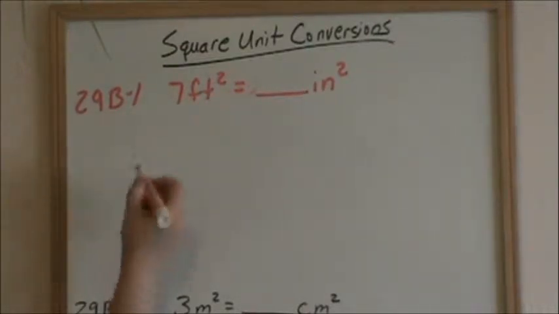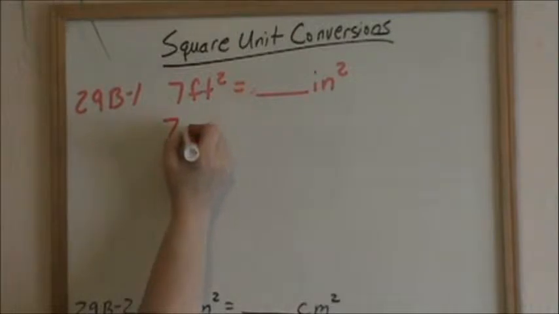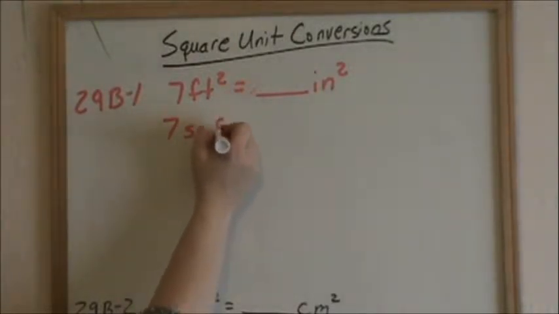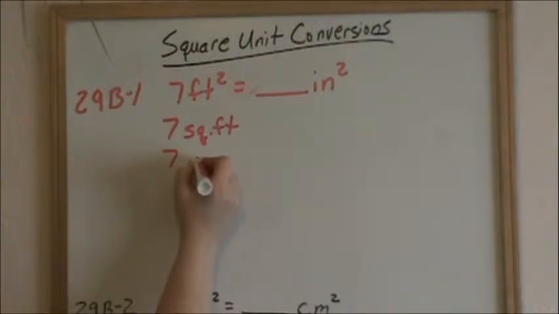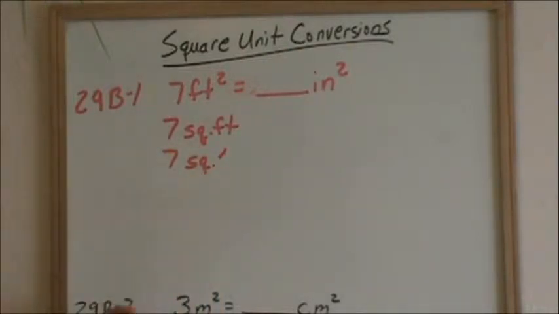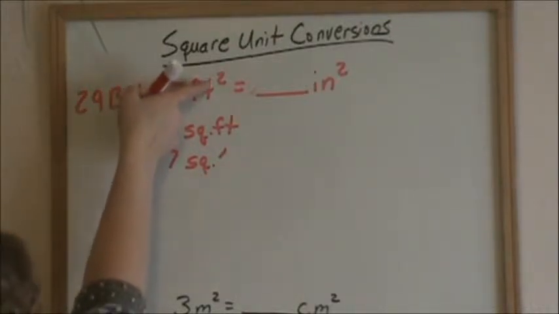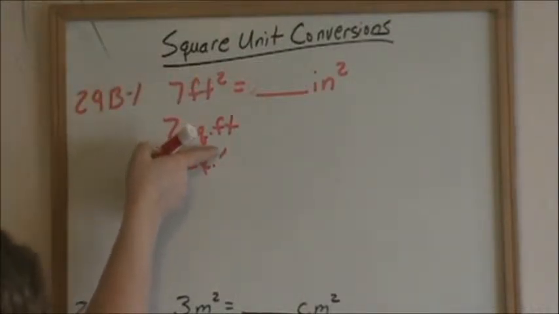Another way you might see it written is 7 square feet, or you might see 7 square feet with the symbol for feet. The main thing is don't ever use an exponent with the foot symbol.